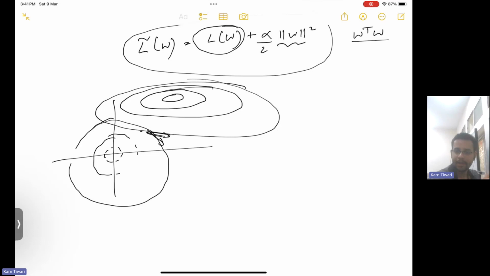Are you getting my point? What I'm suggesting is that we have two contour plots, one with respect to the original loss and one with respect to the additional loss term which we are adding.